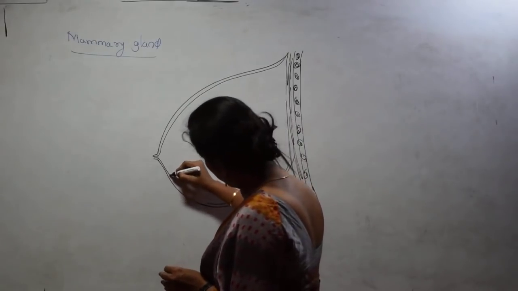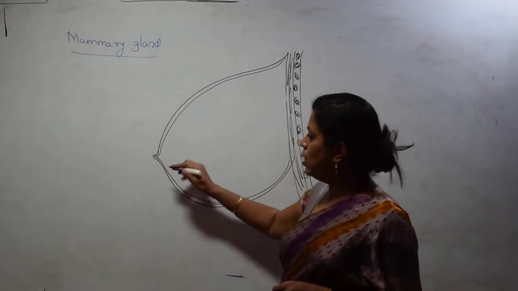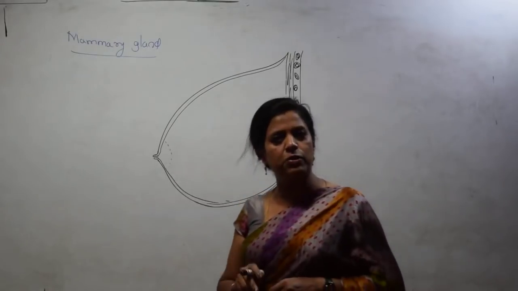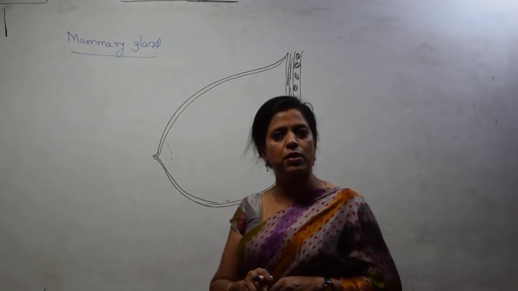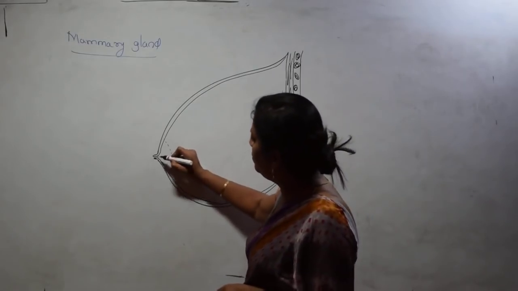Around the nipple there is a pinkish part. This is a highly pigmented, reddish-blackish structure. We call it the areola. What I have drawn is a nipple.